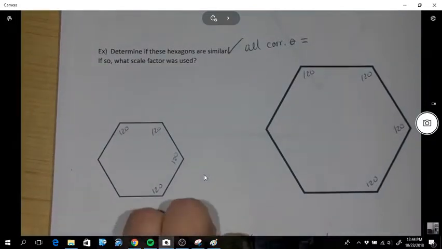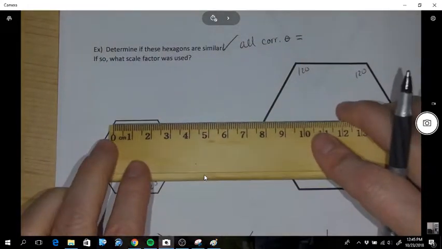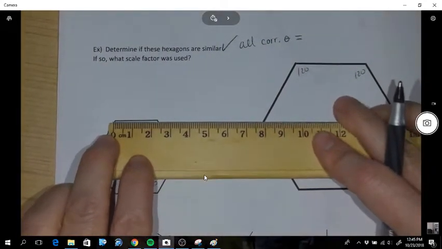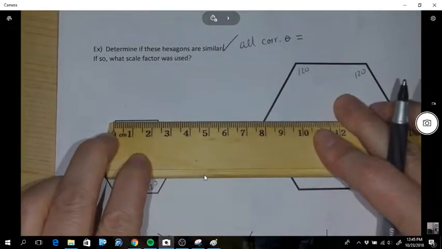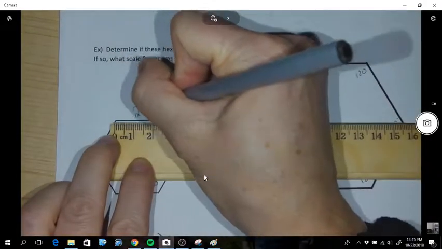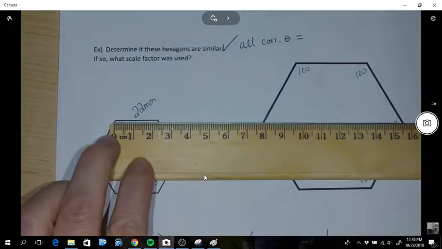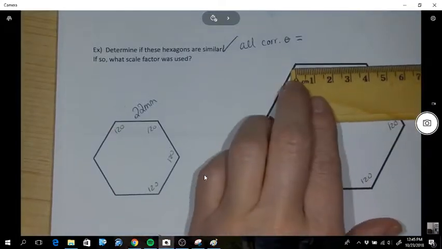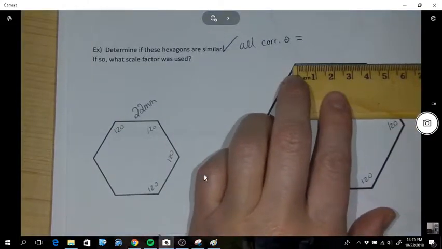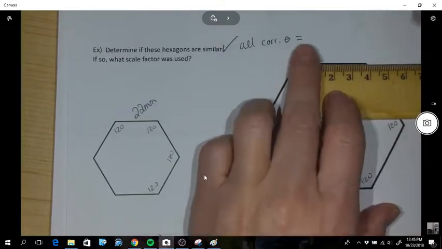So now what's the scale factor? So now we can take a ruler. I'm going to measure this. So I'm going to go 22 millimeters. And then I'm going to go here. And it's 40 millimeters.